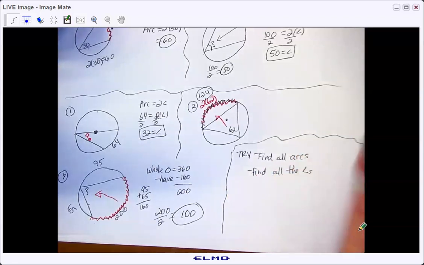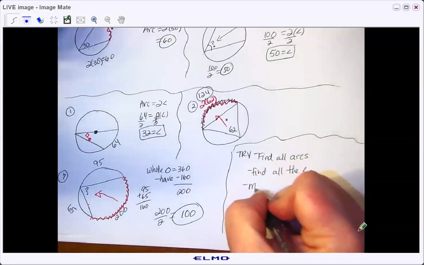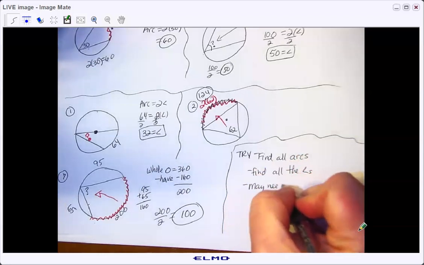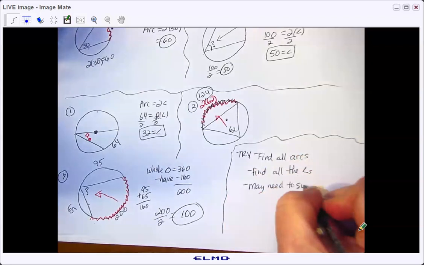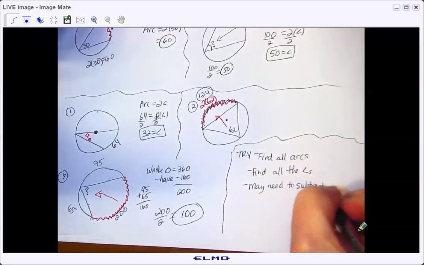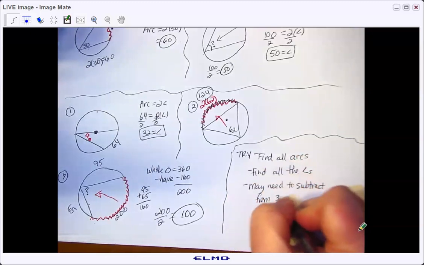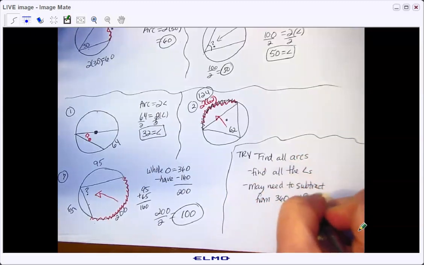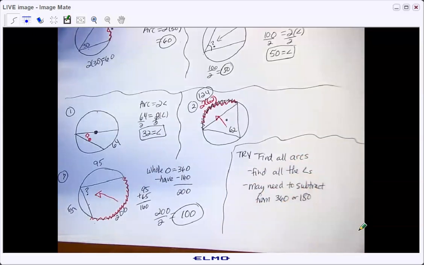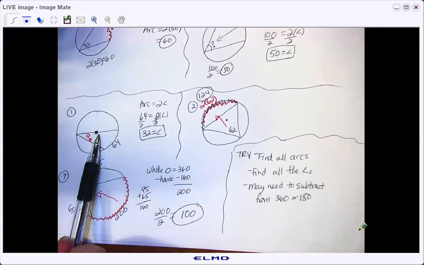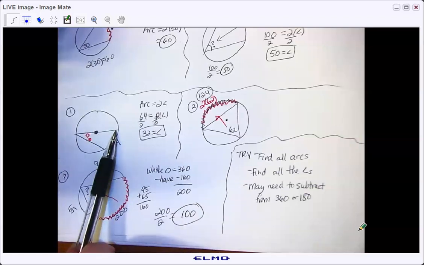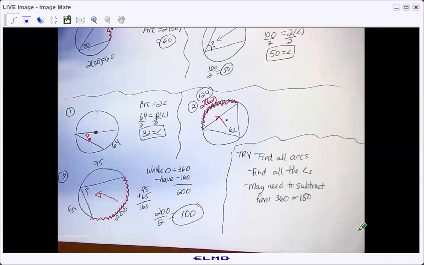Also, you may need to subtract something from 360 or 180. Remember, if you have a half circle, like on number 1, and you know that it's a half circle, then you might have to subtract something from 180. Here, we had to subtract from 360 because it was the whole circle.